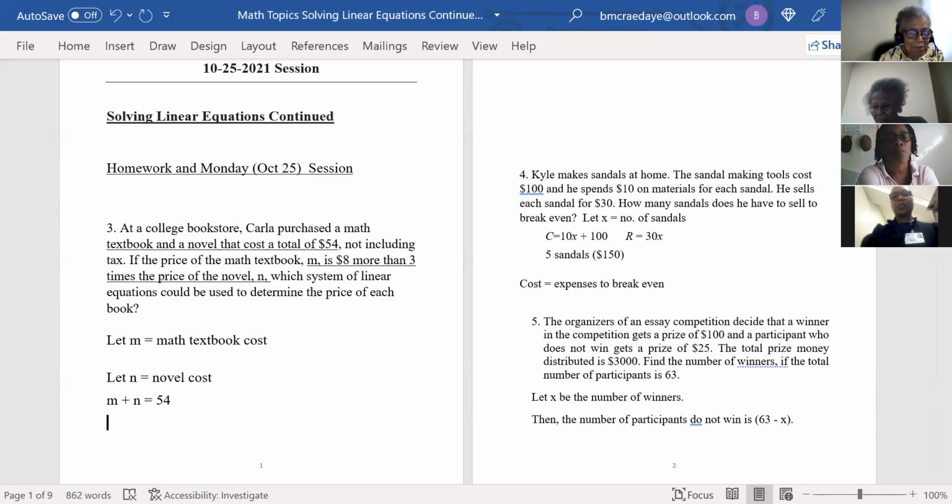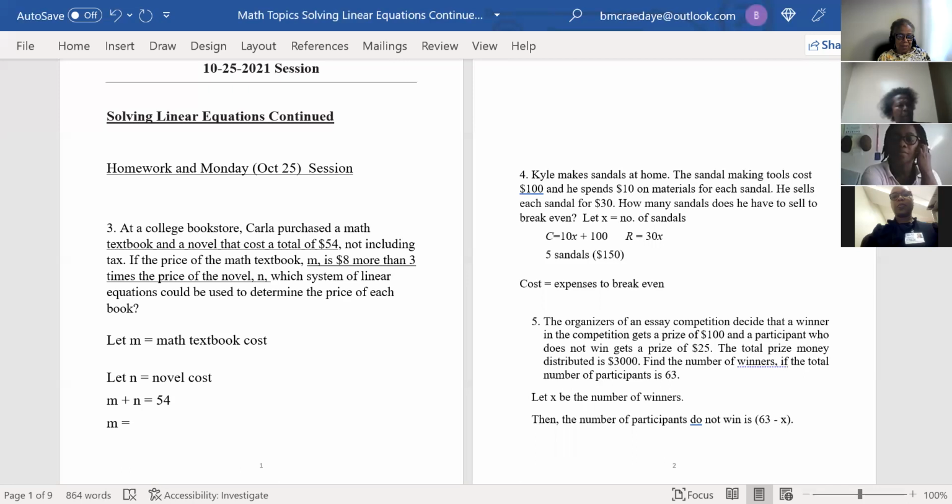Vanessa, can you help her out? So you do M. Follow along, Maureen. M is equal. What else, Vanessa? More than means plus, right? Right. So $8 more than means you're going to add that $8 to 3 times the price of the novel, and 3 times means multiply.